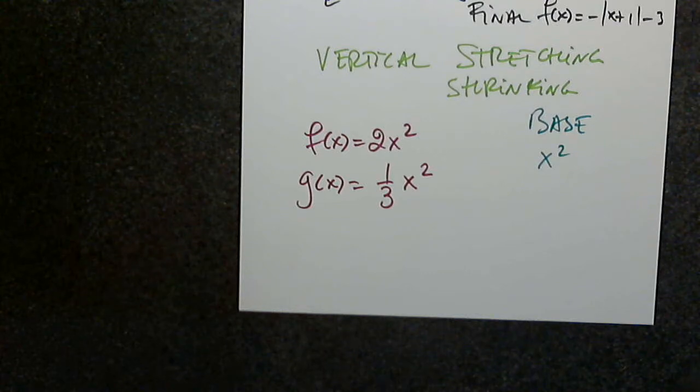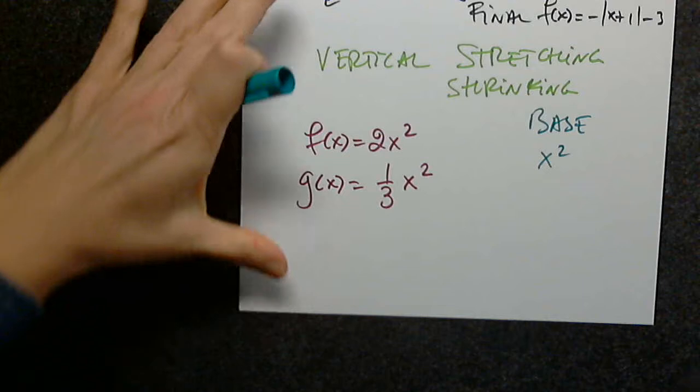So here's x squared. If I multiply all y values by 2, what will happen? This or this? Yes, vertical stretch. Because now all y values, this is 1, but now it becomes 2. Right?